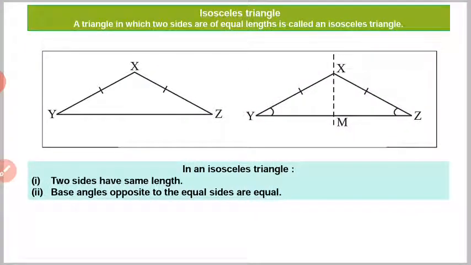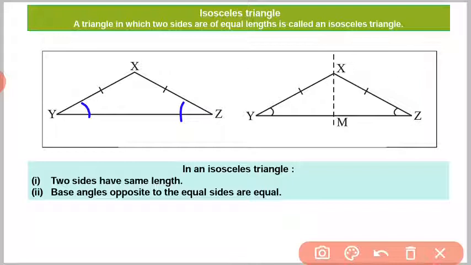Isosceles triangle: a triangle in which there are two equal sides, means two sides are of equal lengths and angles opposite to equal sides are equal. Angle y and angle z are base angles of an isosceles triangle.